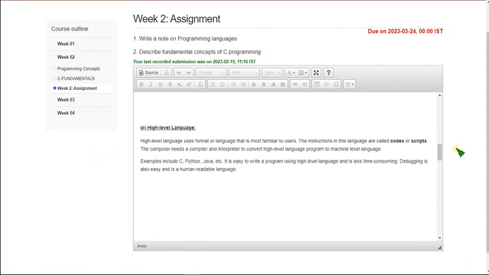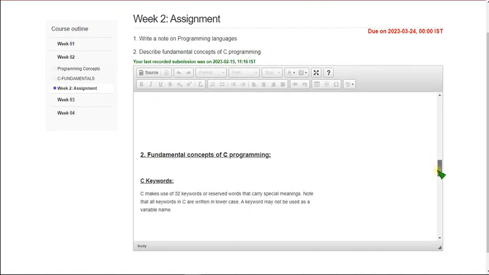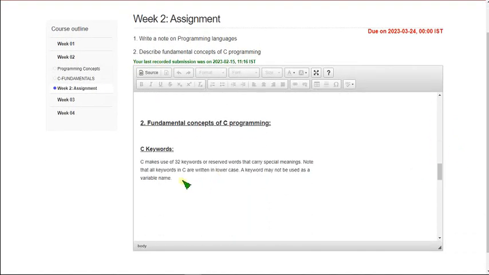For the second question, first of all, note this one. Second heading: fundamental concepts of C programming. The first part in that is C keywords. In C there are 32 keywords.